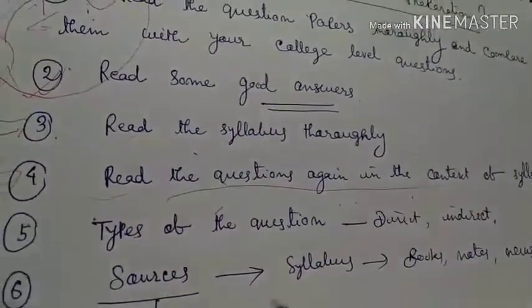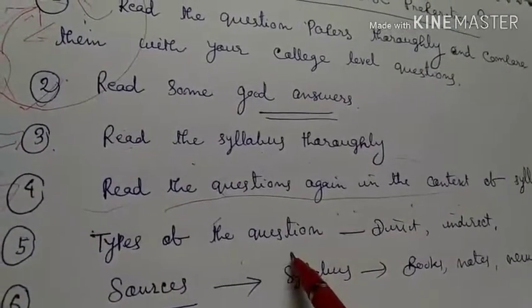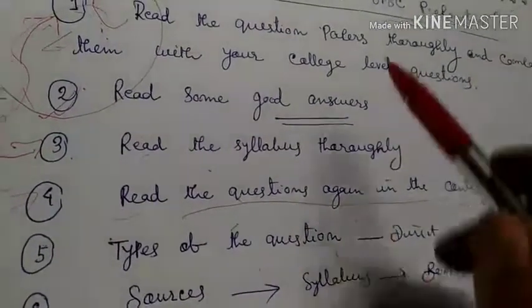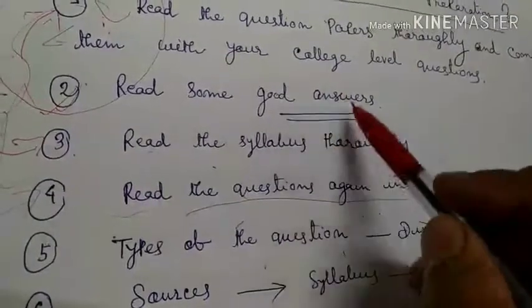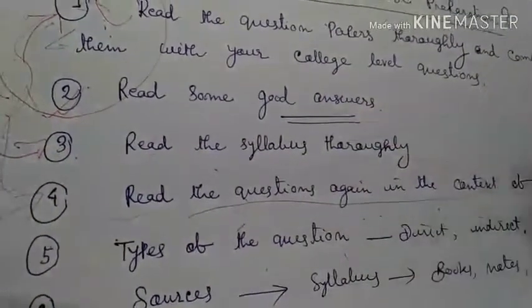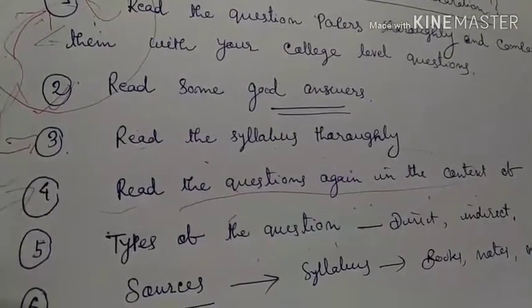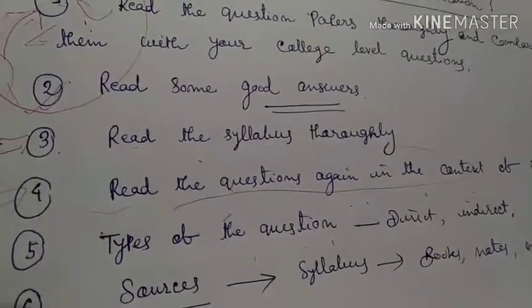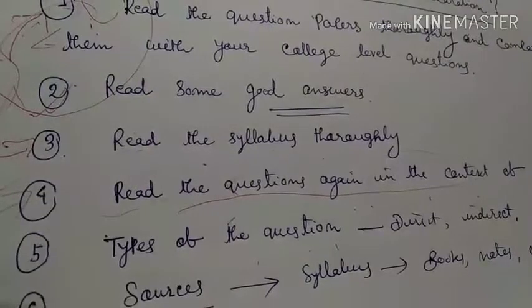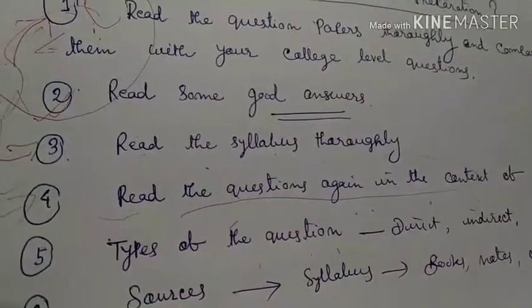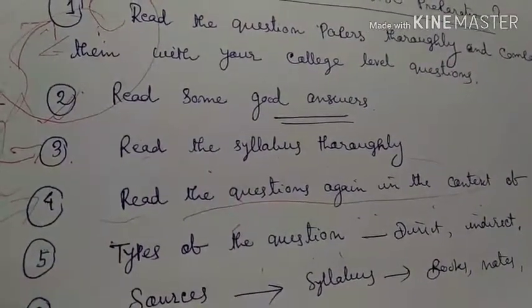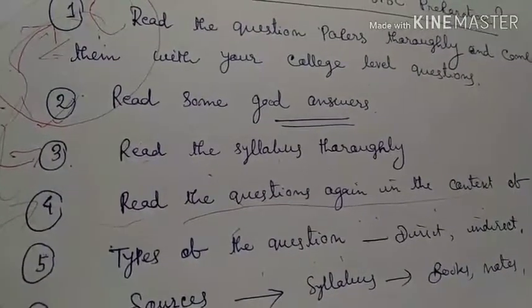Then the next step is the types of questions. Once you read the questions, read the answers, read the syllabus thoroughly, and compare the questions in terms of the syllabus, you have to think about the nature of the questions asked in the papers. Are they direct questions?